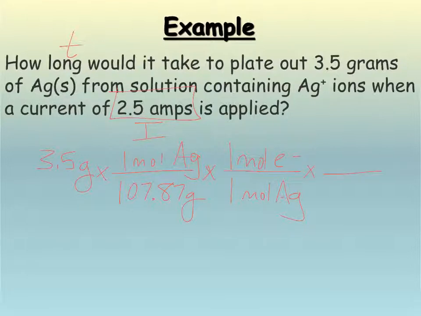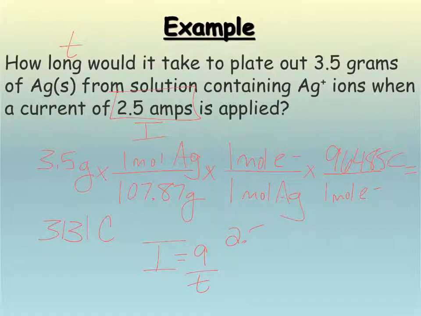And then I know that 1 mole of electrons is equal to 96,485 coulombs. Multiply, divide, and I got that we have 3,131 coulombs.